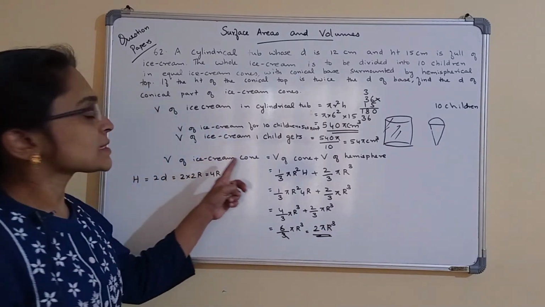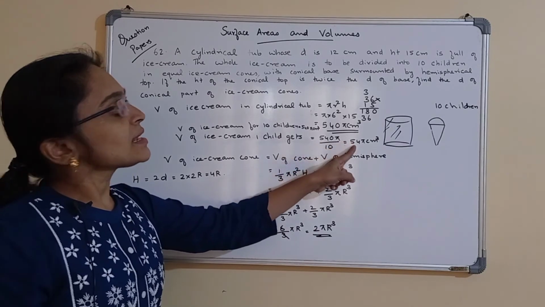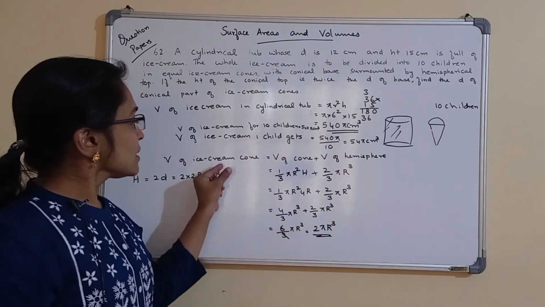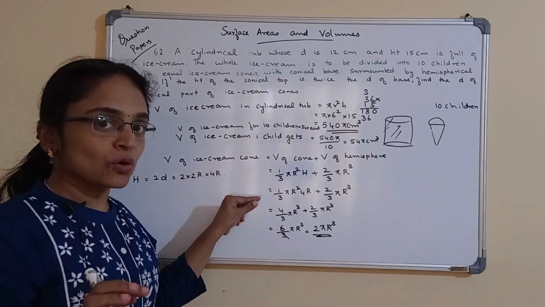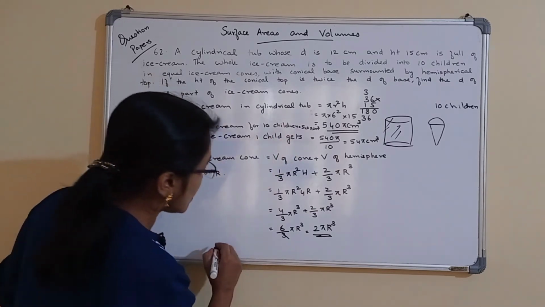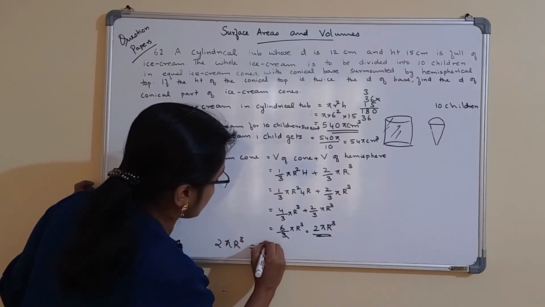Volume of this ice cream cone is 2 pi r cube, and it is equal to the volume of ice cream that one child gets. That is, the volume of ice cream in one cone is the volume that one child gets. So 2 pi r cube is equal to 54 pi.